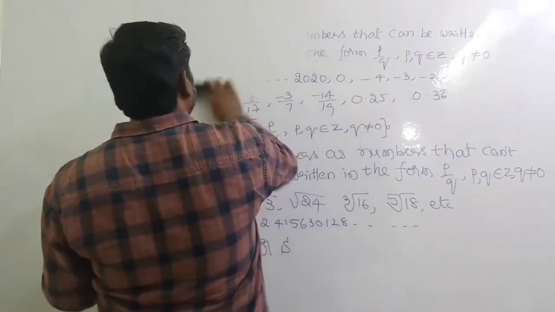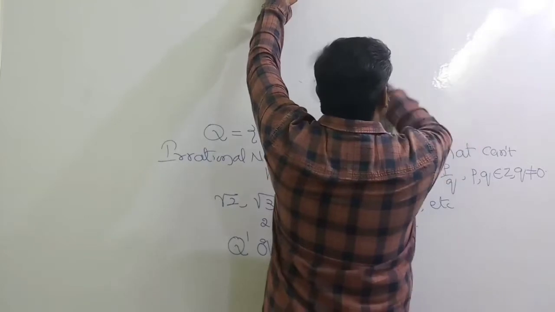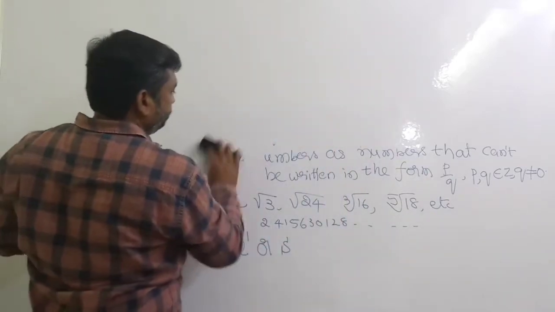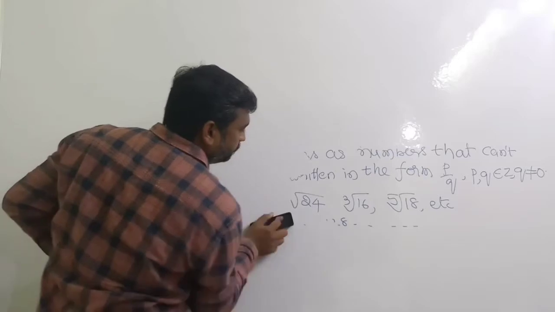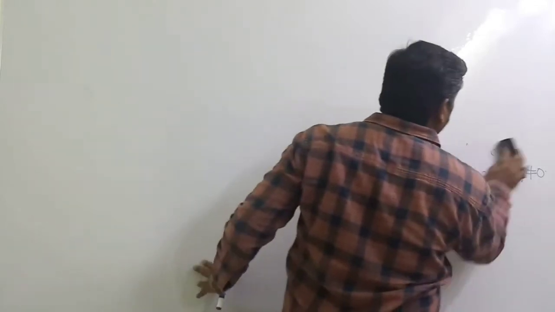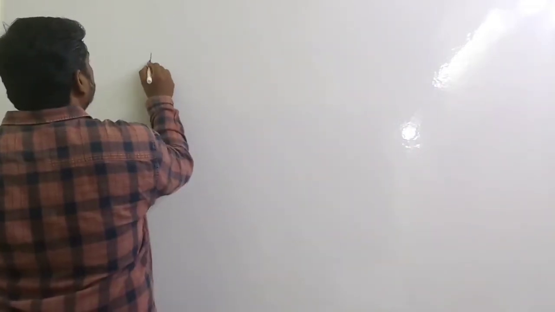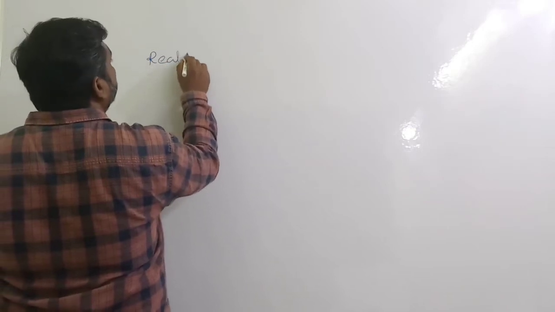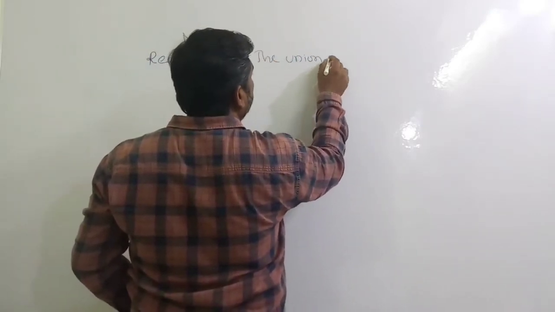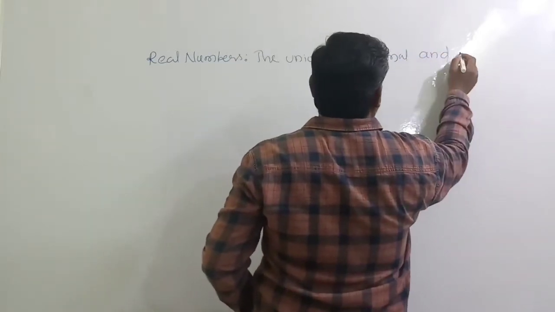We can define real numbers as the union of rational and irrational numbers.